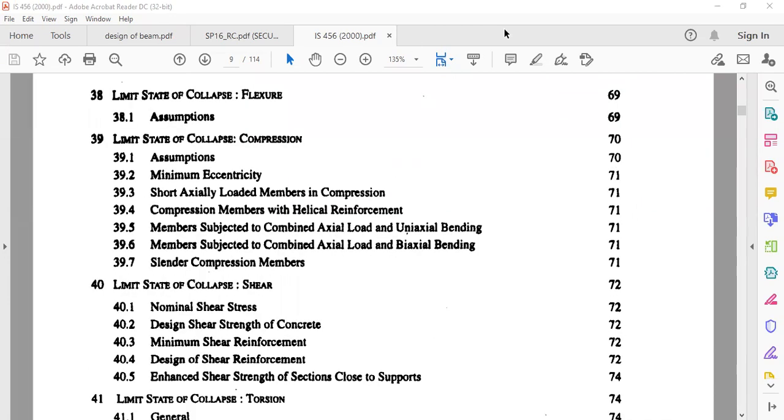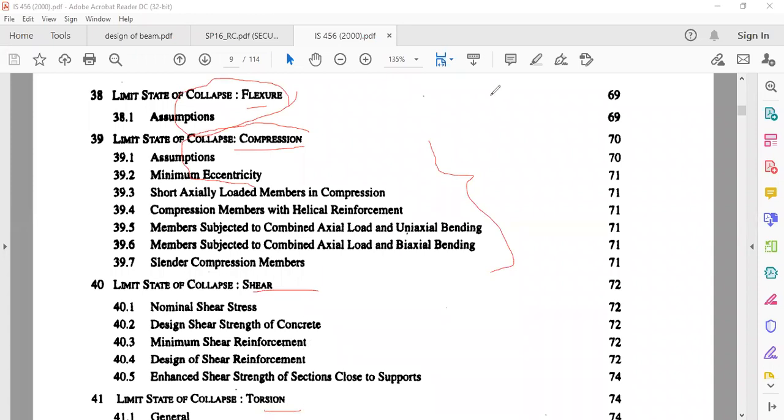For those limit states, suppose fracture is there, what are the assumptions? Suppose you are going for the limit state of collapse, then what are the assumptions, and related to the different members, what are the things? The limit state of collapse is for compression, flexure, shear, torsion.